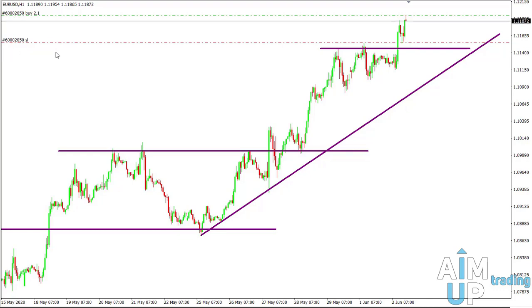Since the movement has been on for a couple of days now, and the price is kind of far from the trend line, you always have to keep in mind something.